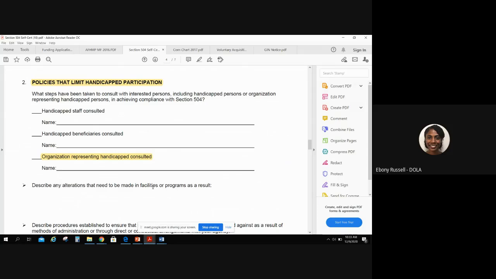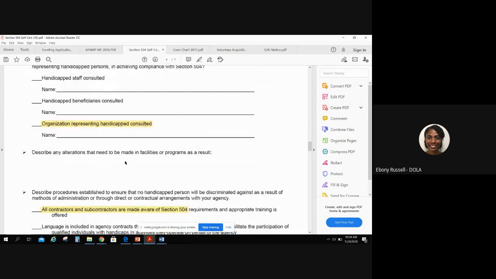And so the one thing here that I think is the most helpful is if you reach out to organizations that represent handicapped individuals and ask them to maybe take a tour of your building, take a tour of your office, and make sure that it's accessible in the eyes of a person with a disability. I think that's the most beneficial approach for this, and it'll help you to determine if there are any changes that you need to make.